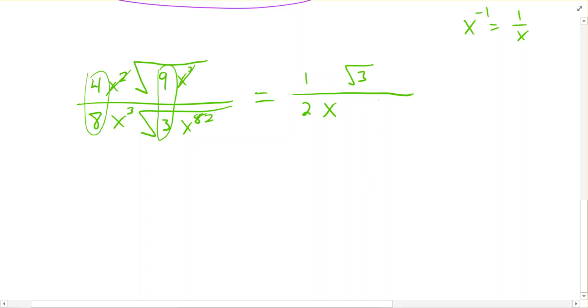So we end up with square root of x squared in the bottom. If we clean up what we have here, we've got the square root of 3 all over 2 times, well, this here, that's just x. The square root of x squared is just x. So x times the x that's already sitting there, we have x squared on the bottom.